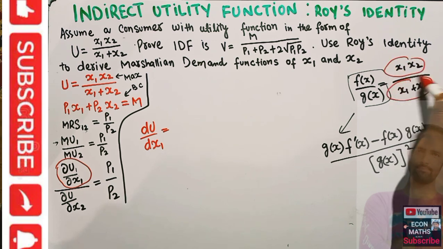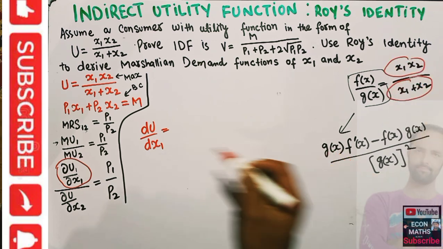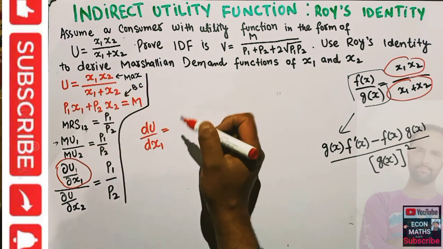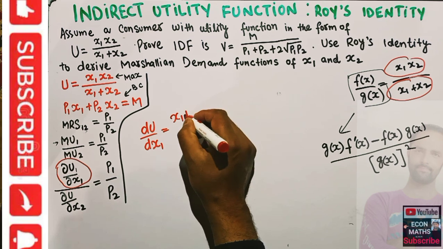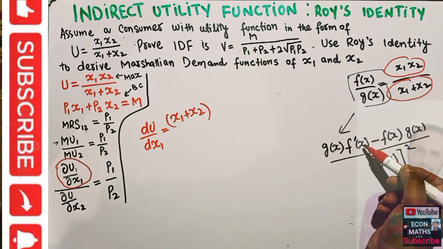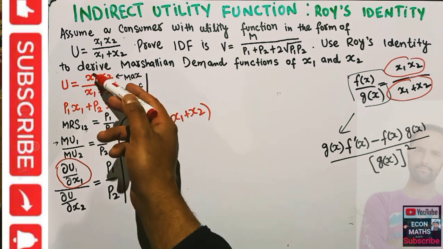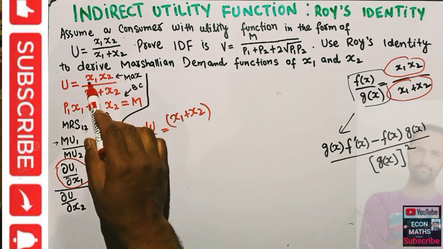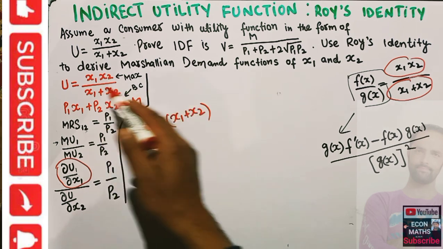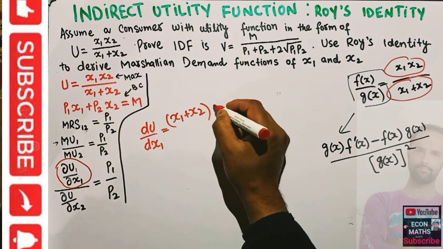The derivative of x1 will be 1, so we are left with x2 only.